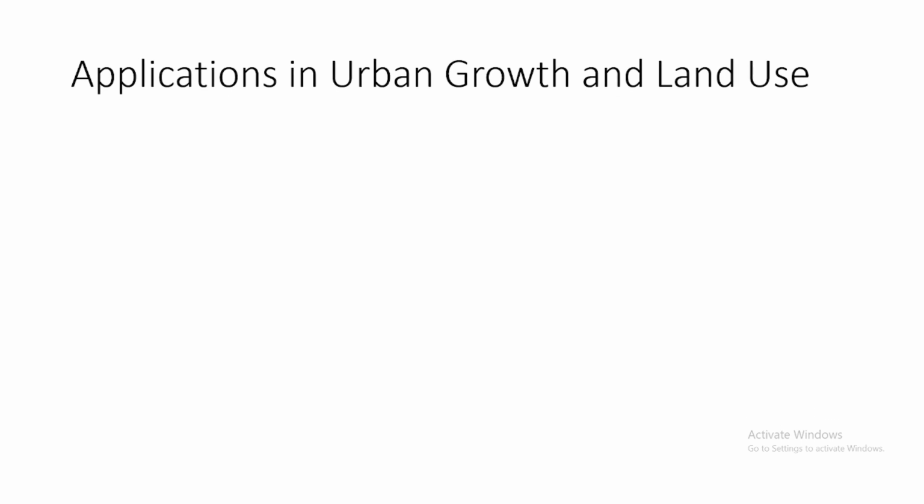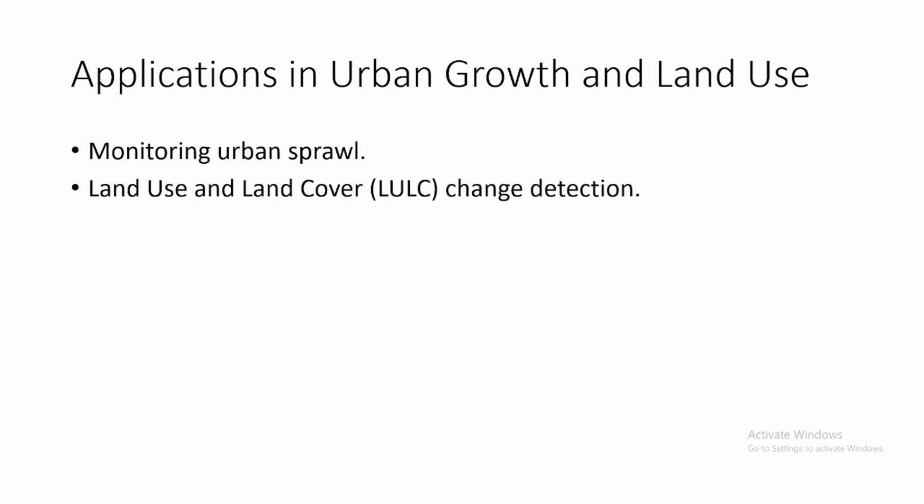And for applications in urban growth, land use and land cover classification is a very important topic for monitoring urban growth. We can use land use land cover mapping to monitor urban sprawl, how the urban area changes. Urban sprawl, I will explain one by one.